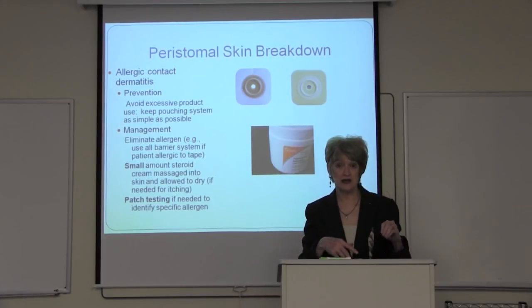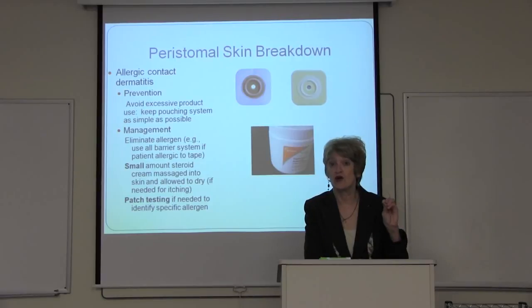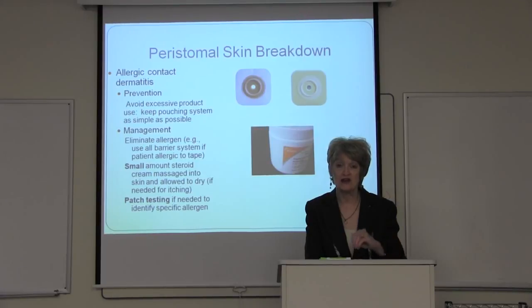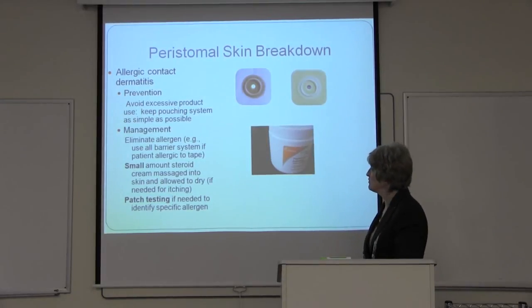Until we could get her order for tapeless pouching systems in, we immediately ordered that, but until those came in, we taught her to cut the tape away so that there was no tape on her skin, and to wear a snug undergarment so that she had good support for the barrier portion of her pouching system. That took care of it until her new pouches came in.